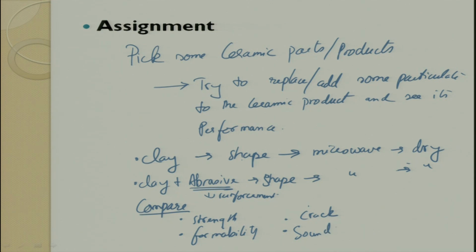Just hit it against another surface and note down the sound, how shrieking it is, and other things. So, this is an assignment which will give you an understanding of ceramic matrix and ceramic matrix reinforced ceramics, so that you compare the processing difficulty and the other properties of these two. Thank you.